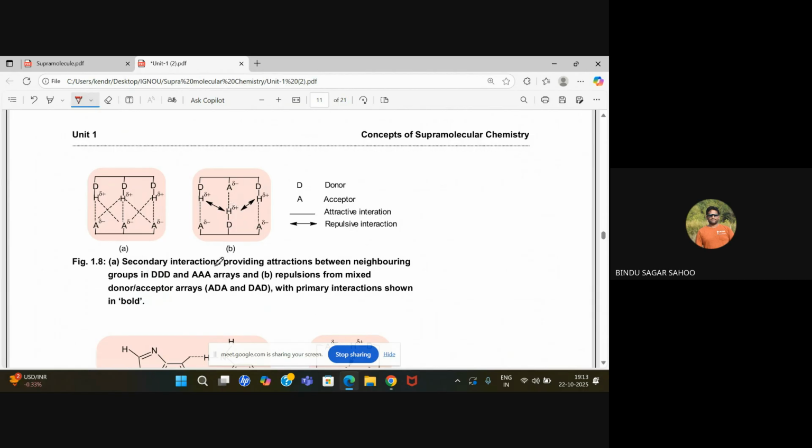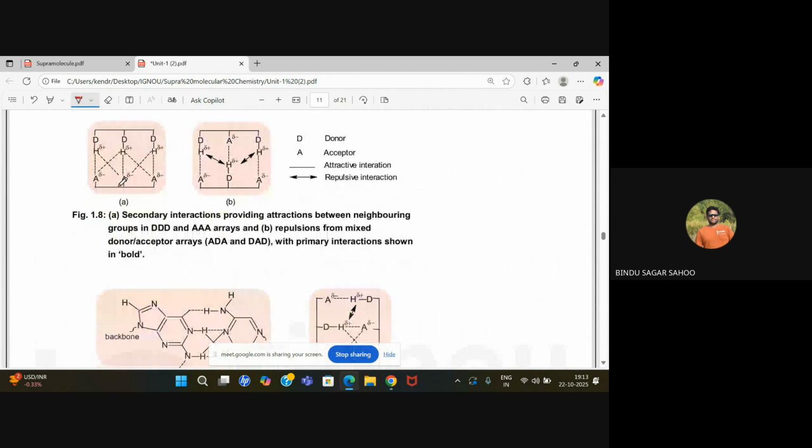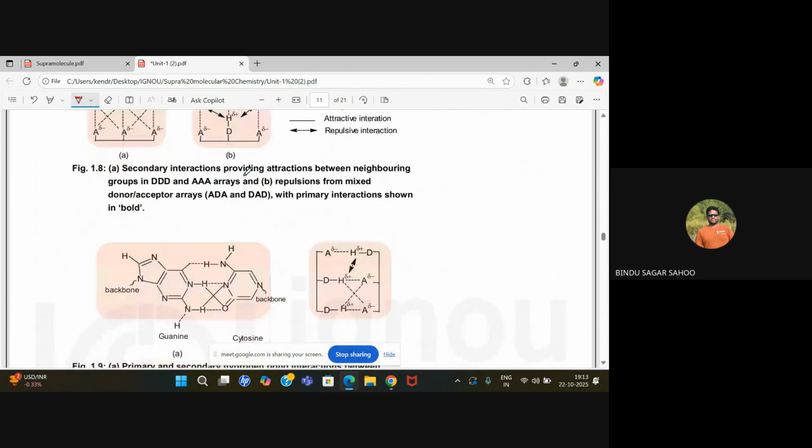You can see here that secondary interactions provide attraction between neighboring groups in DDD or AAA arrays, and repulsions from the mixed donor-acceptor array when the interaction is ADA or DAD type. So here we are getting only attractive interaction, and there you are getting both attractive and secondary repulsive interactions.